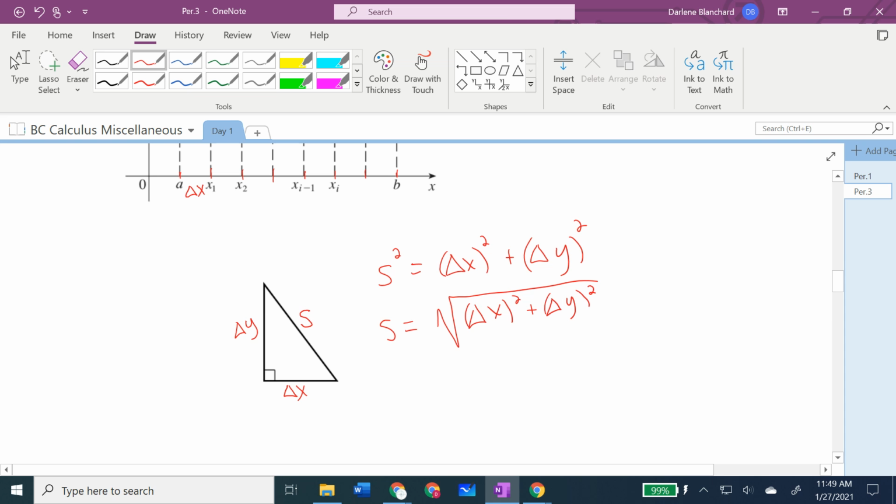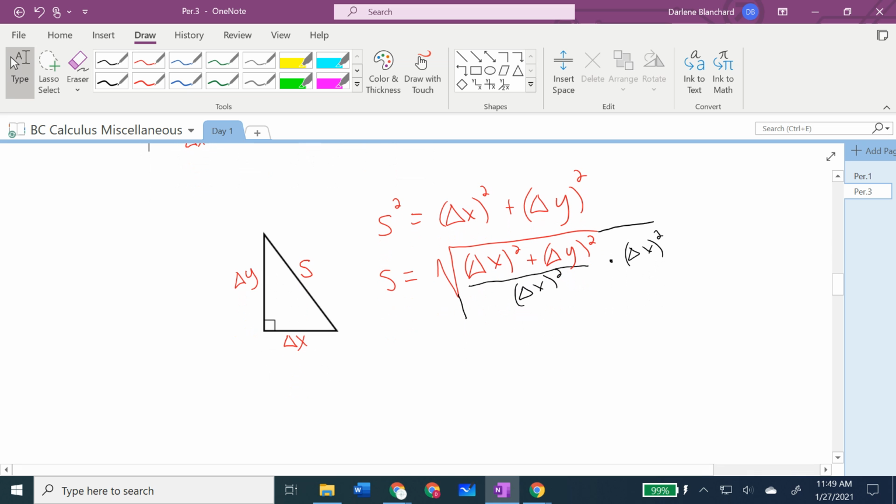Now, if x is what we chop up into a bunch of tiny little pieces, then that's who I'm going to multiply and divide by. But specifically, I'm going to use delta x squared. You can see that the expression is not being changed. I'm really just multiplying by 1.